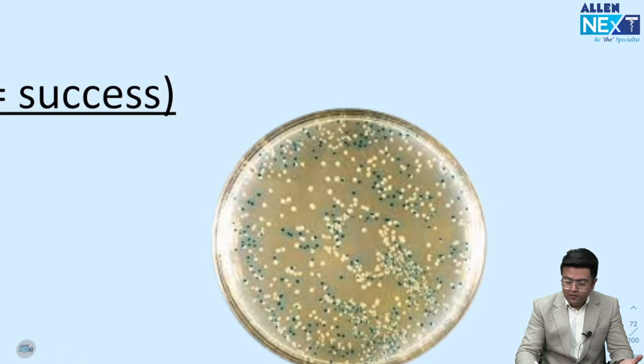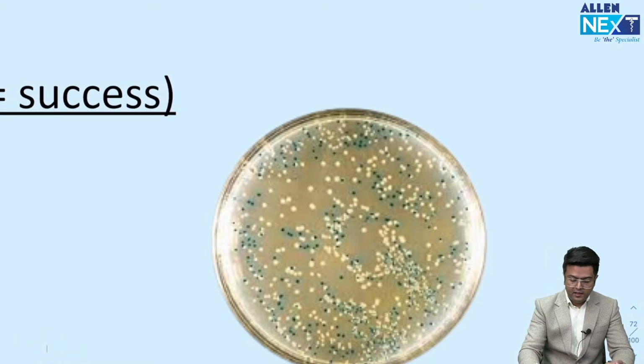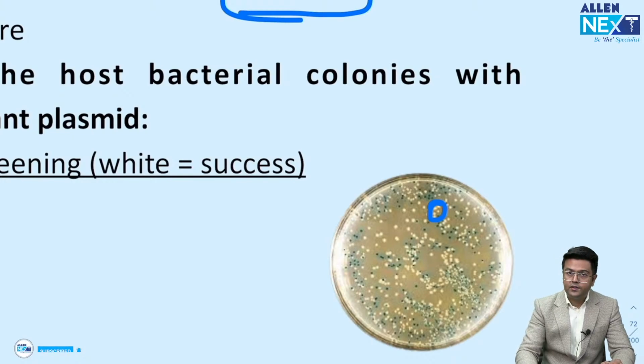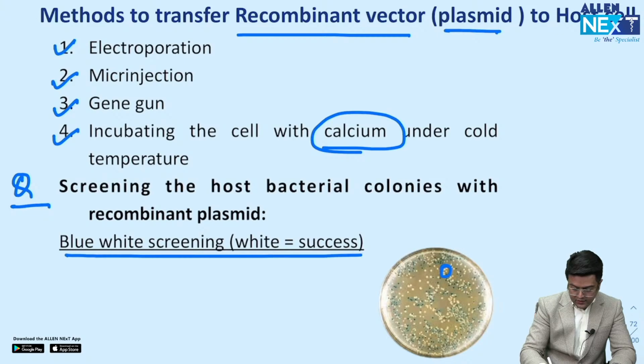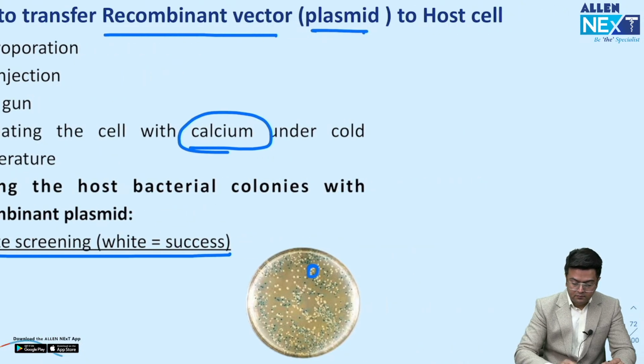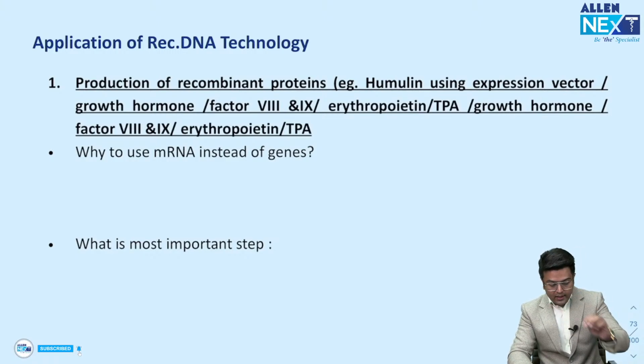And the blue ones are the failed cases. The E. coli was unable to get transformed. So guys, we will select these white colonies and utilize them in further study. Got my point? So remember this line: blue-white screening, white is success. I wish you success in the upcoming exam.